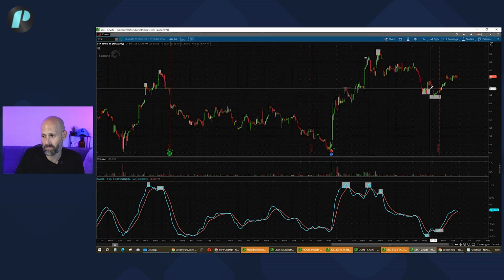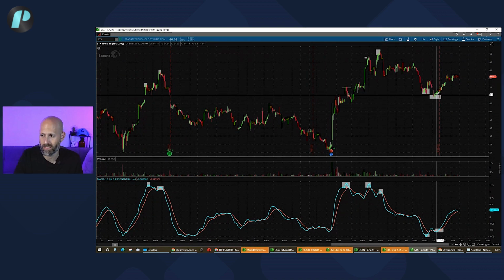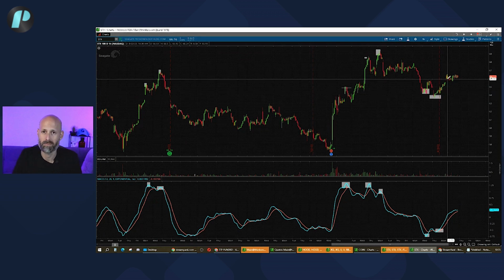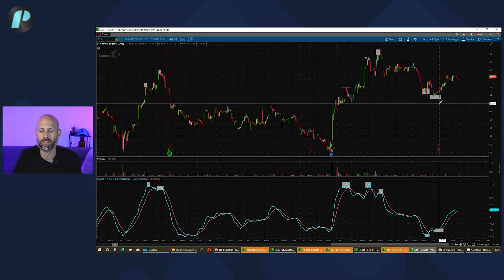So it creates basically this positive divergence that implies that the price might go to the upside, basically the sellers getting weaker, which means that buyers can be a little bit more aggressive and push the price to the upside again.